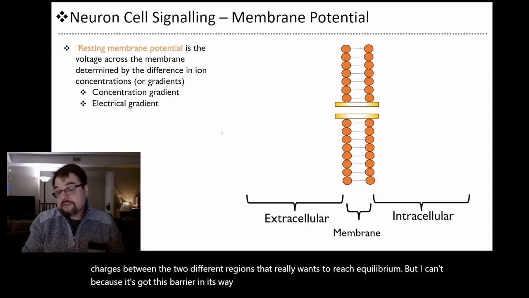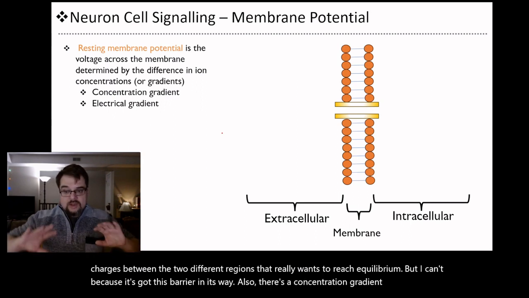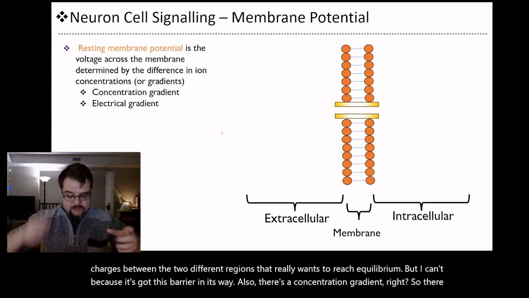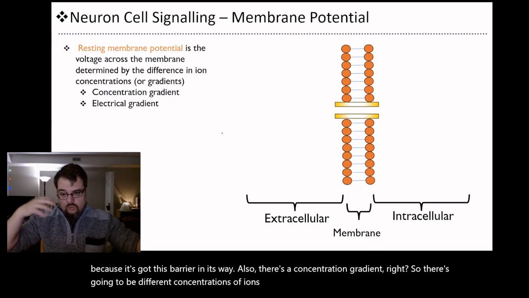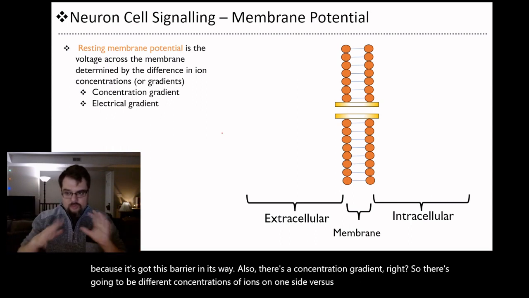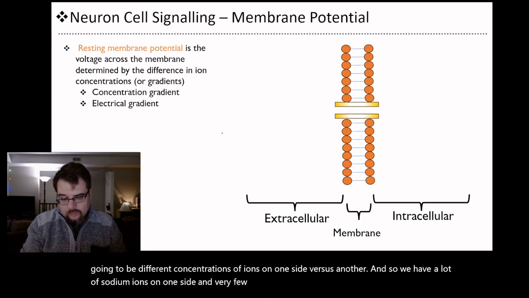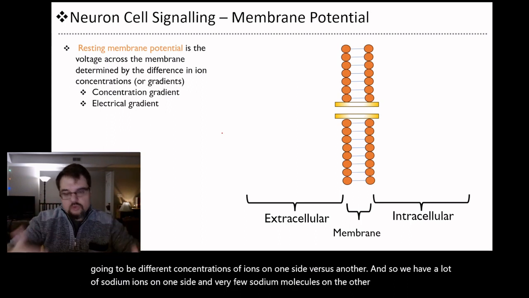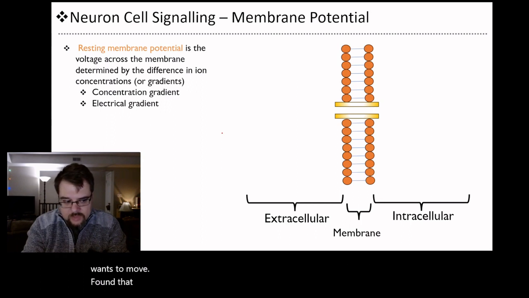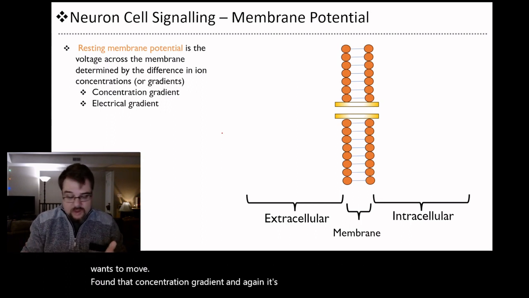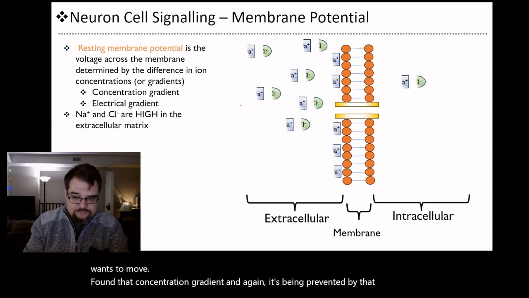Also, there's a concentration gradient, right? So there's going to be different concentrations of ions on one side versus another. And so if we have a lot of sodium ions on one side and very few sodium molecules on the other, the sodium wants to move down that concentration gradient. And again, it's being prevented by that phospholipid bilayer.